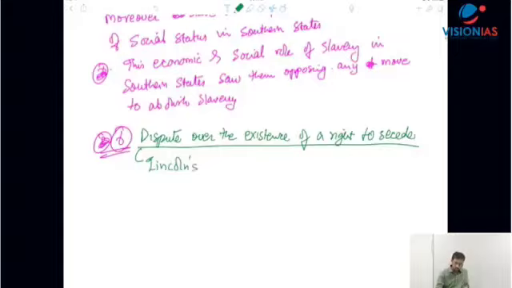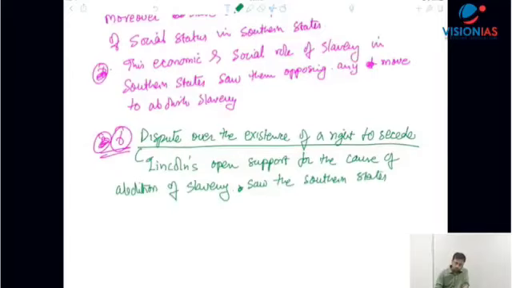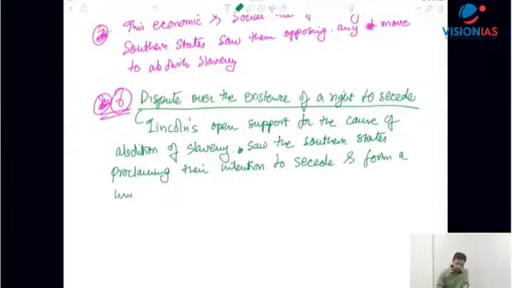Lincoln's open support for the cause of abolition of slavery saw the southern states proclaiming their intention to secede and form a union of their own.